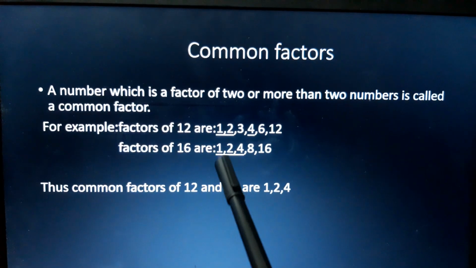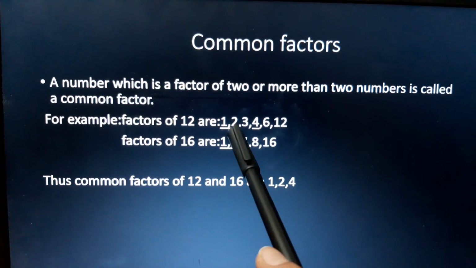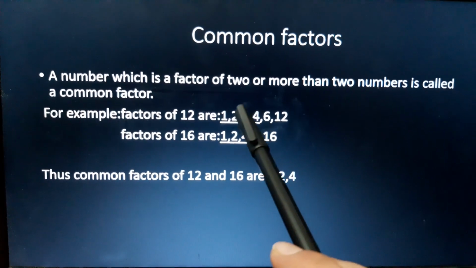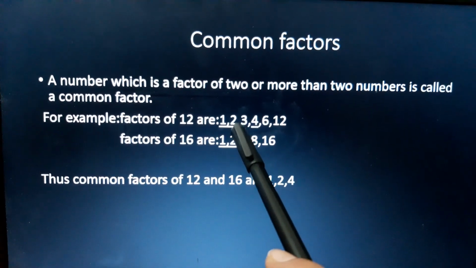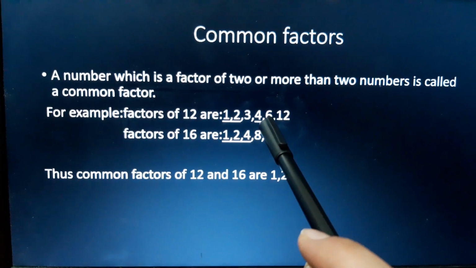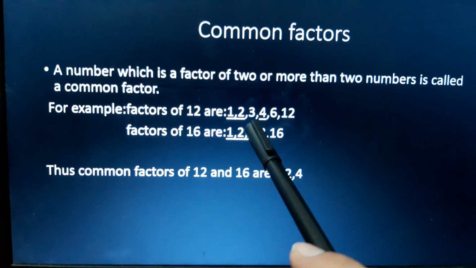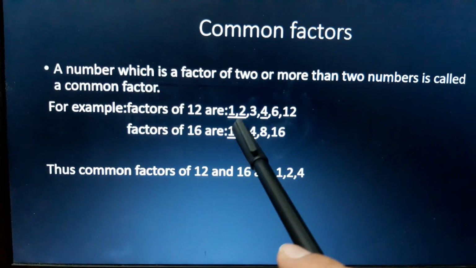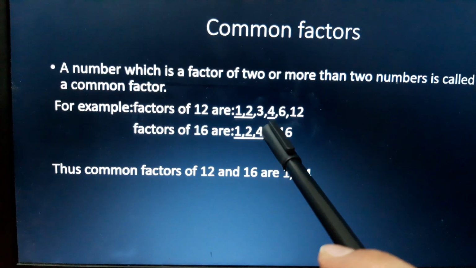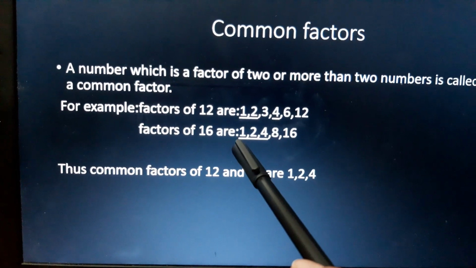Now what we have noticed here is 1 is the factor which is occurring in both of them, 12 and 16. 2 is also a number which is occurring in both of them. And 4 is also again a number which is occurring in both of them. It means these three numbers 1, 2 and 4 are the factors which are occurring in both of these.